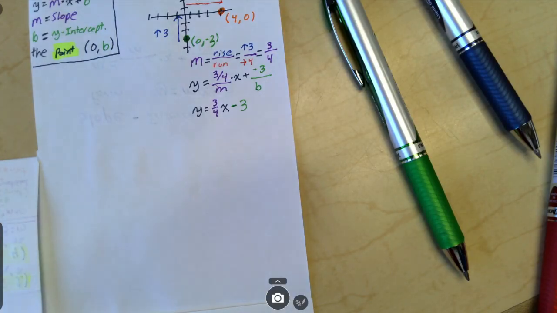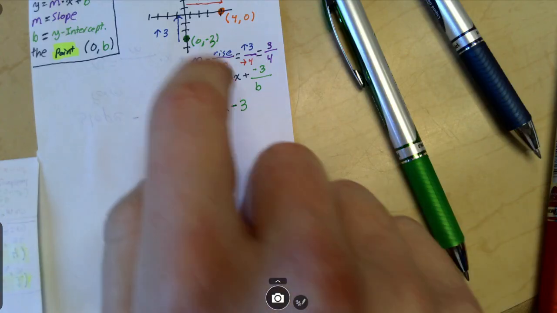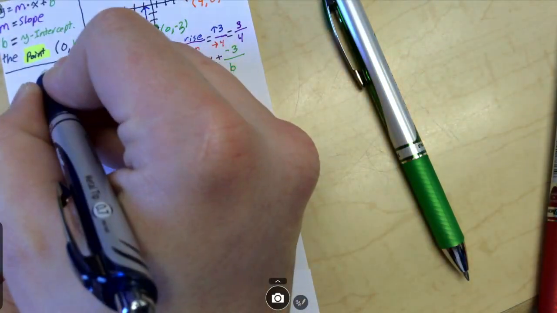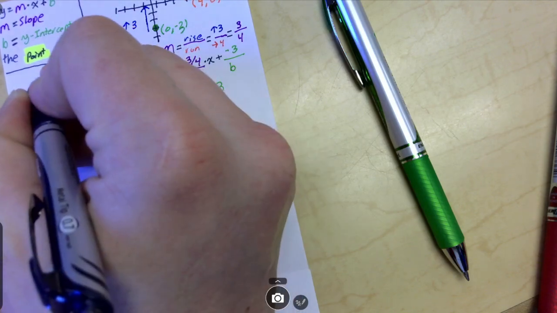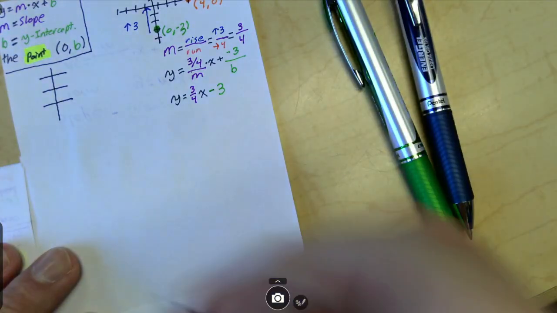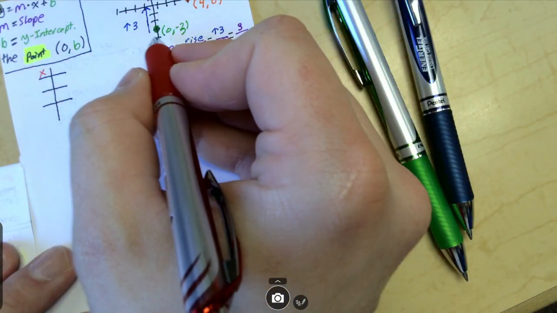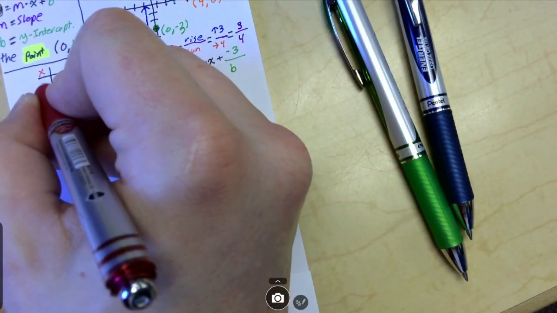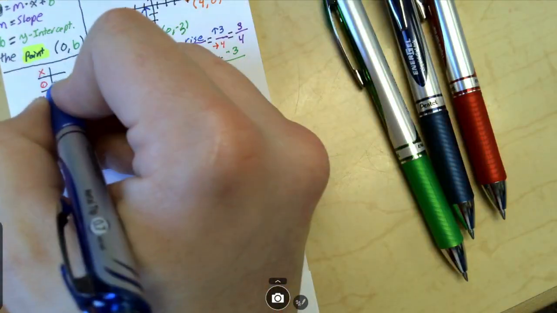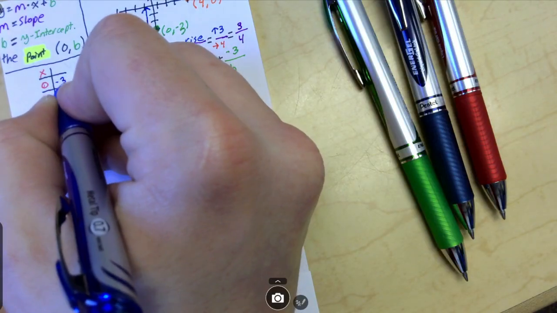Now, the other way we can do this is from a table. So I'm going to take our 2 points and plug it into a table. Our x values are 0 and 4. Our y values are negative 3 and 0.